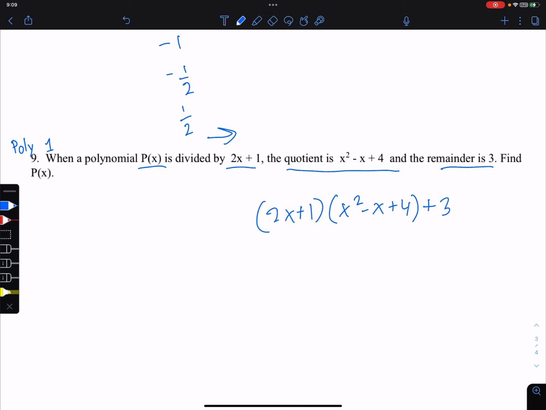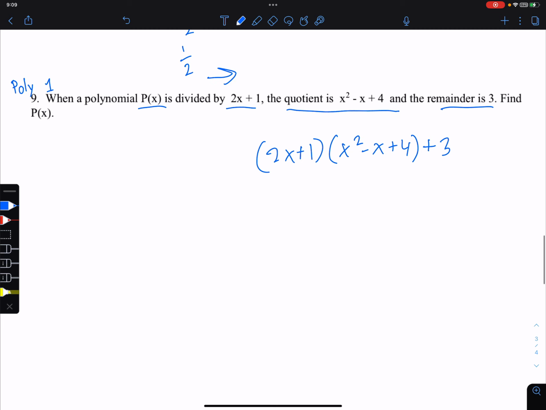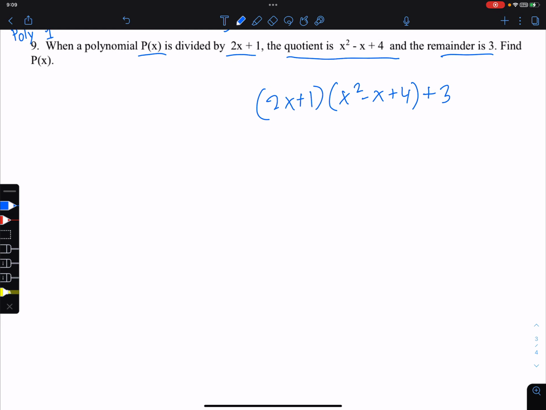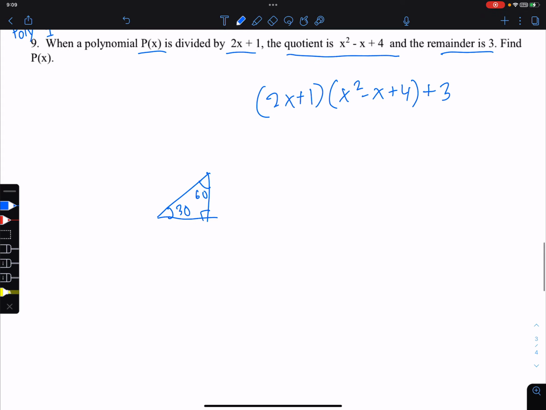Most of the word problems will be straightforward. Mr. Park loves to put geometry in his problems, so remember your 30, 60, 90 triangles, and remember similar triangles.